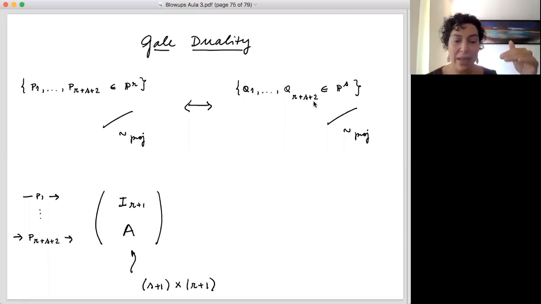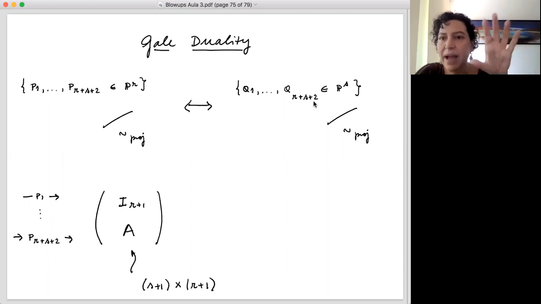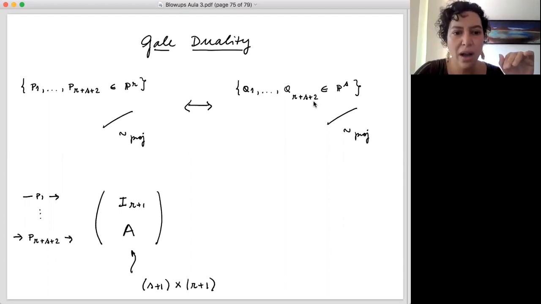I can do some change of coordinates to suppose that the first r+1 points are the points with coordinates 1, 0, 0, 0, 1, 0, and so on. So I start by taking the diagonal matrix as the first r+1 vectors.